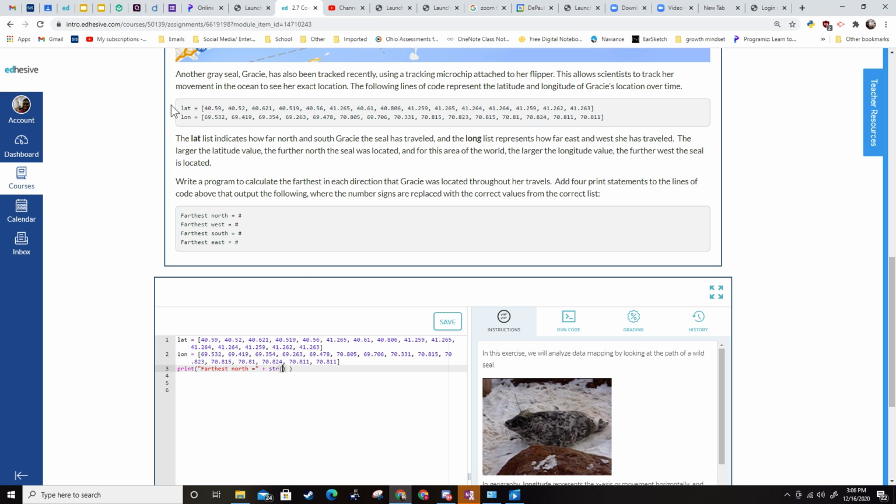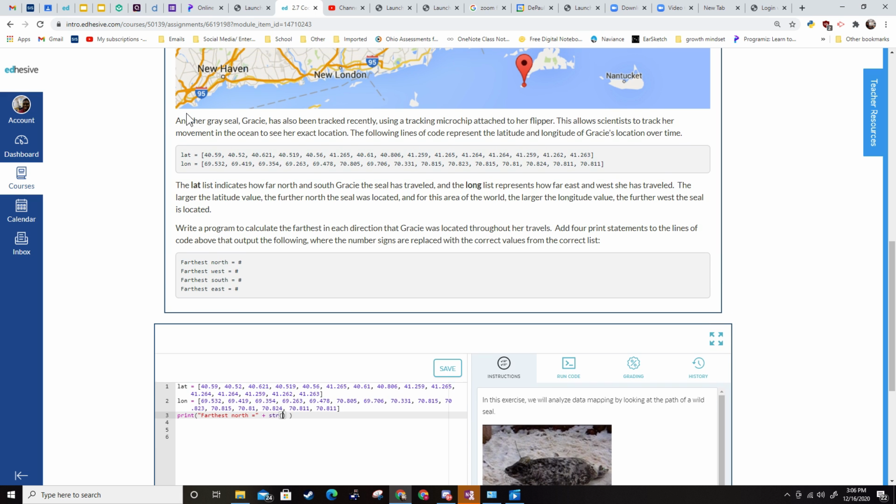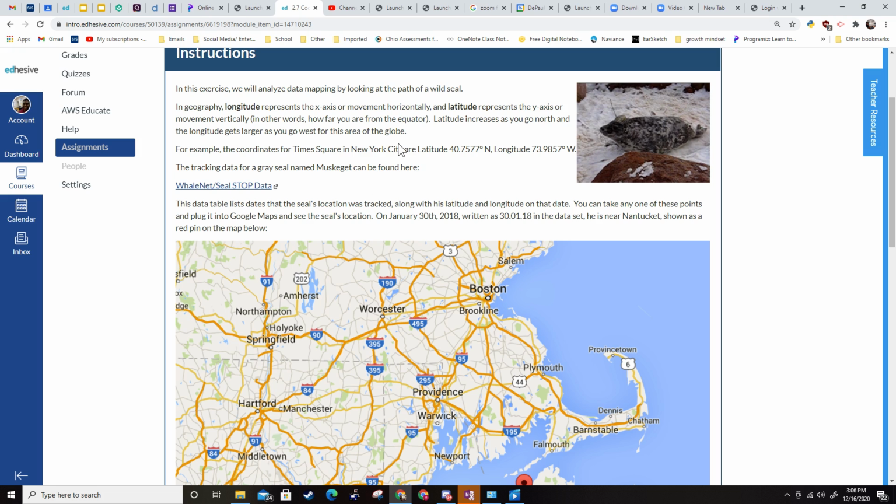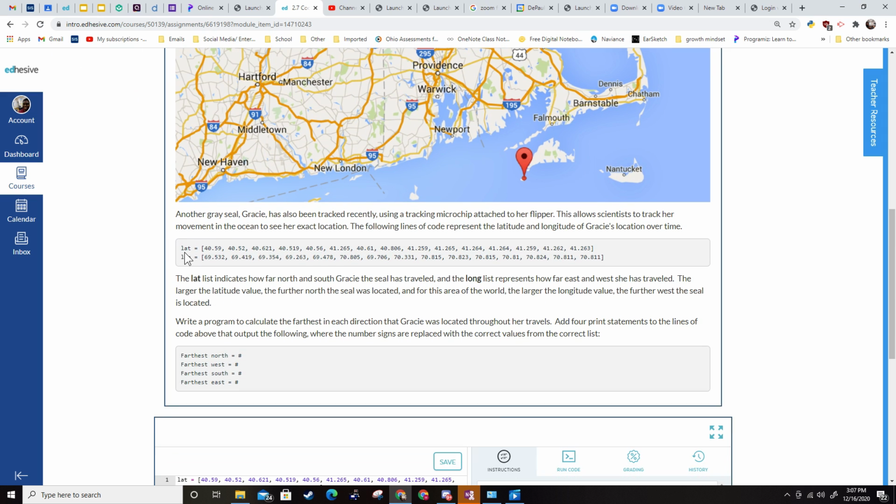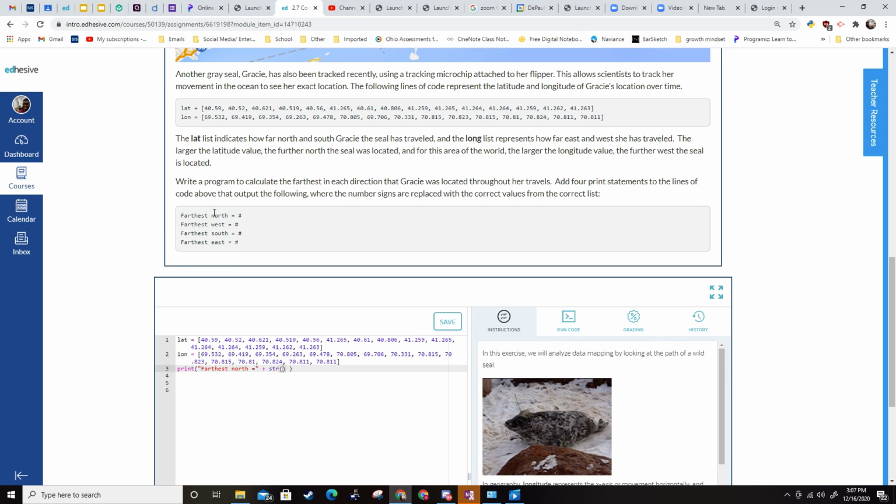So which one of these two values do we look at for north? They actually give us a little information about that earlier. Latitude increases as you go north. So that means the values we're looking at for latitude are the ones we're looking for north as well as south. So let's do north here.